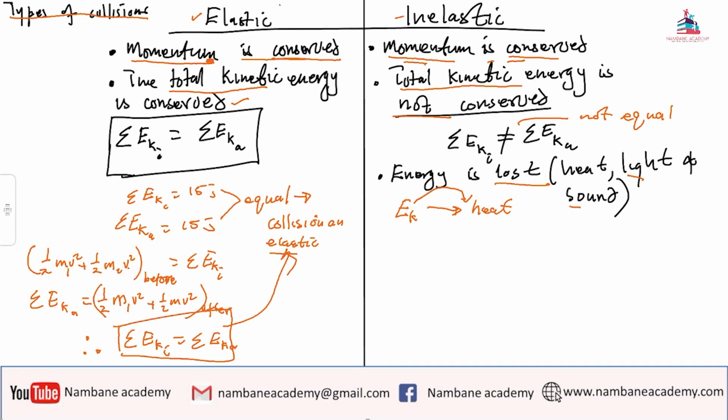By calculating the sum of the kinetic energy before, and if it is equal to the sum of the kinetic energy after, then that collision must be elastic. If the sum of the kinetic energy before is not equal to the total kinetic energy after, we say that collision is inelastic.